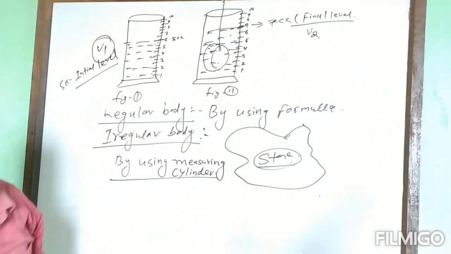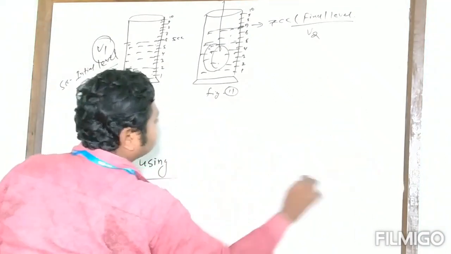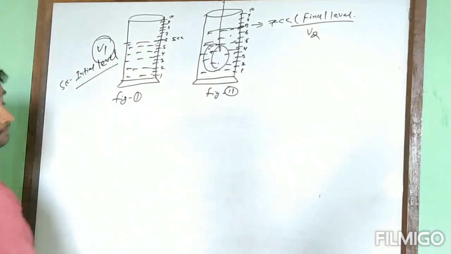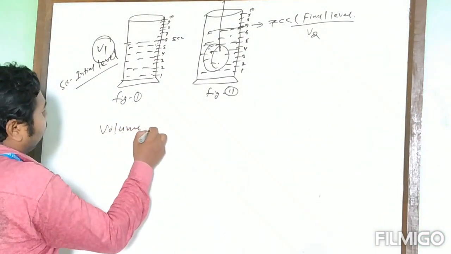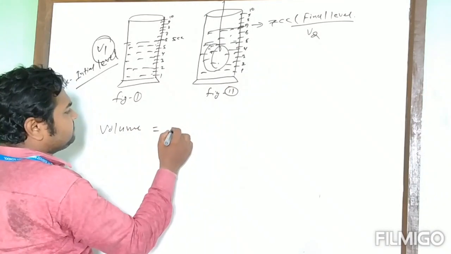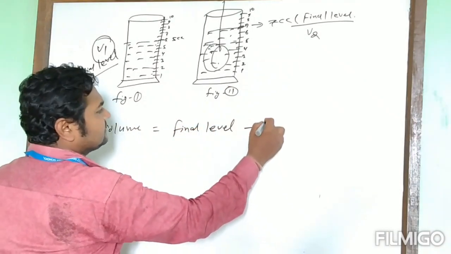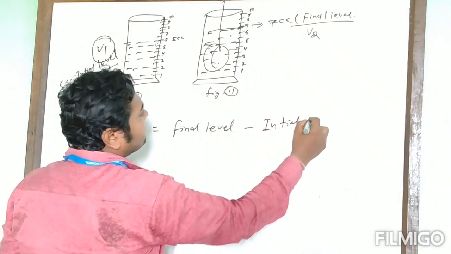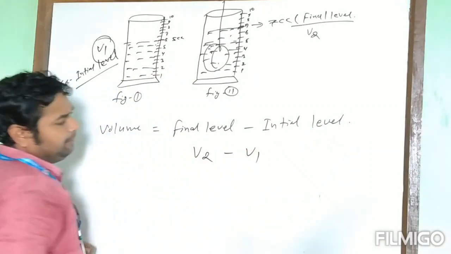So now let's do it. Volume is equal to how much? V2, the final level, minus the initial level. It means V2 minus V1.